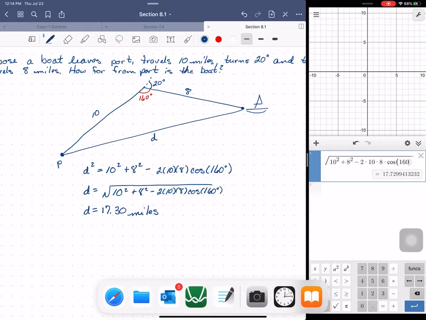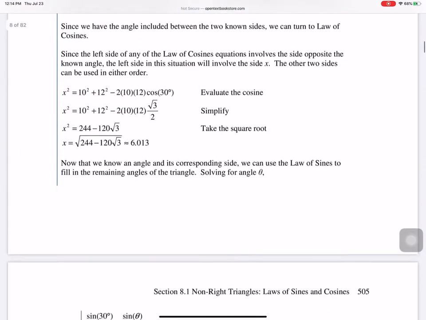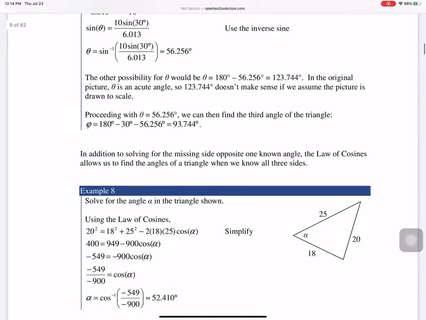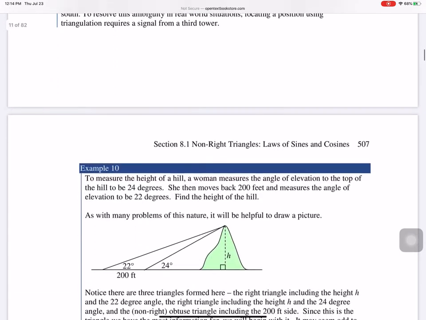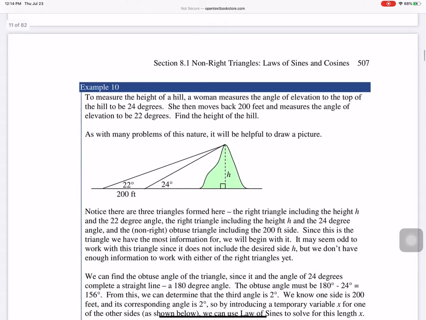That's the basics of the law of cosines. And we can use it to solve triangles, and to solve the sorts of problems that we're facing here. This next problem might look familiar. It's similar to one we had previously, right?